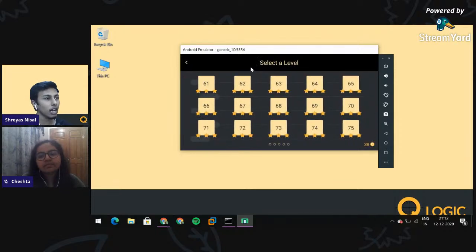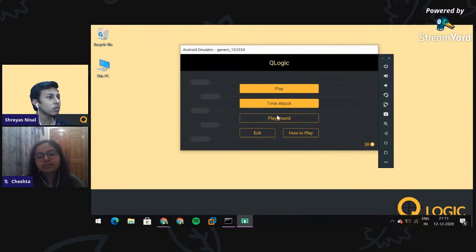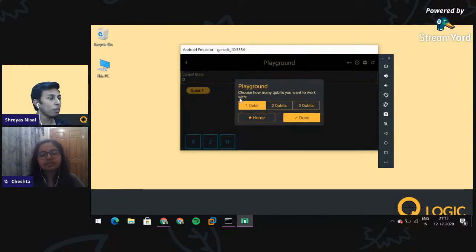And now let's look at something other than the levels, which is the playground. When I open the playground, it gives me an option of how many qubits I want to work with. This isn't a puzzle. It's just me trying out gates on different qubits.